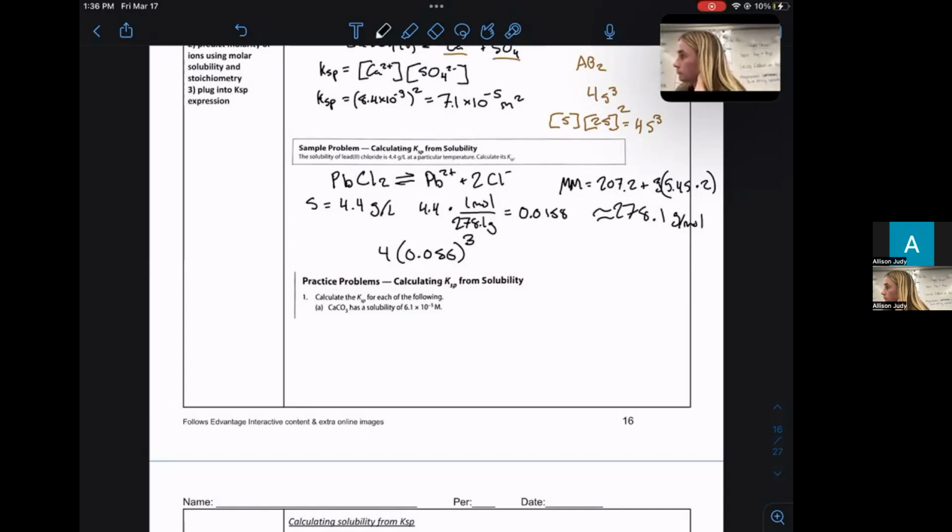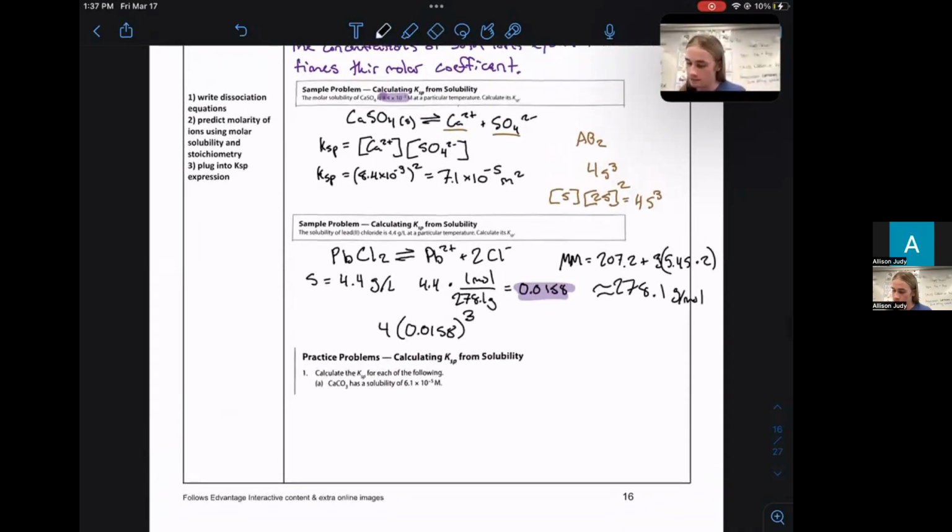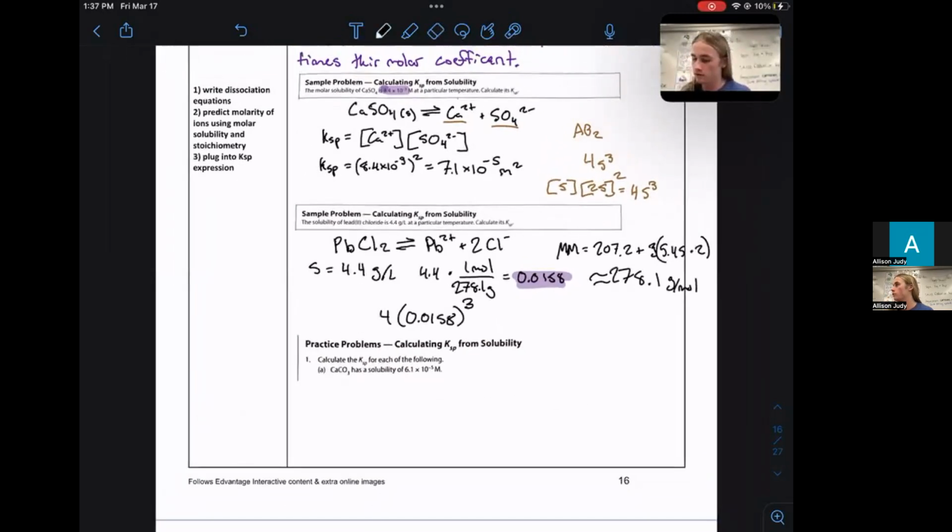Are you guys saying this is what the molar solubility value is? No, that's not the molar solubility. 0.0158, yeah, that is the molar solubility. So then you take 4 times that cubed, right? I got 2 times that cubed, but it should be 4 because you end up with 2s squared. It's 4s, 2s all squared.